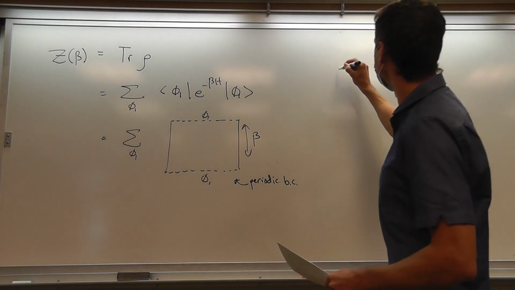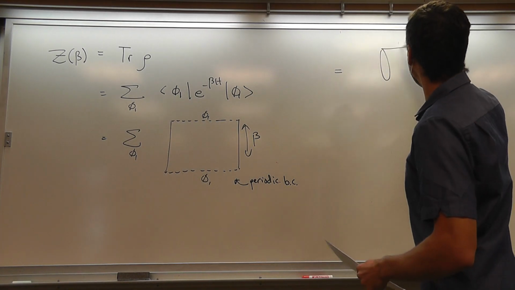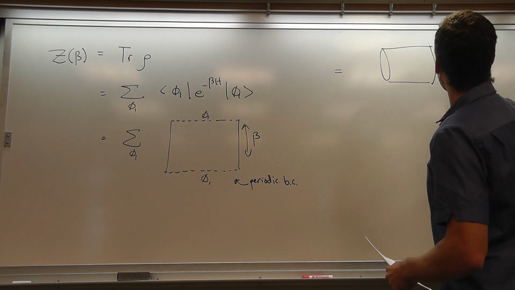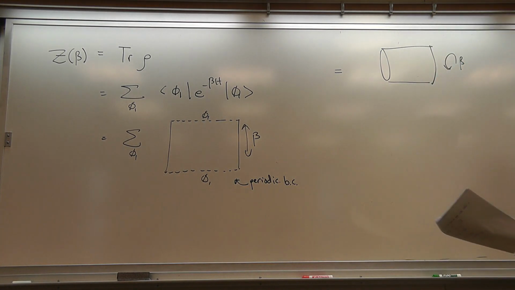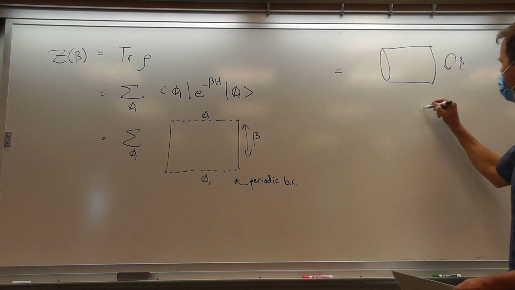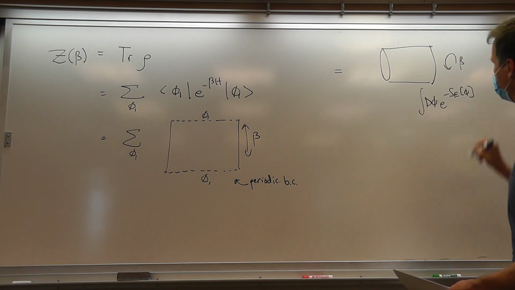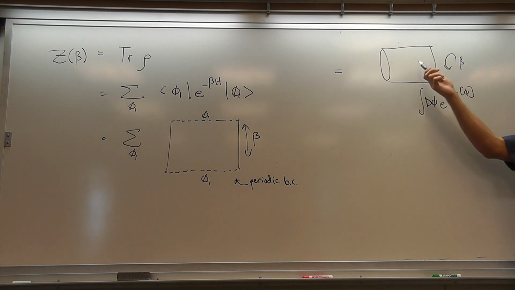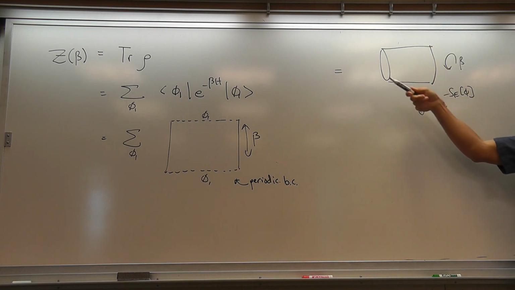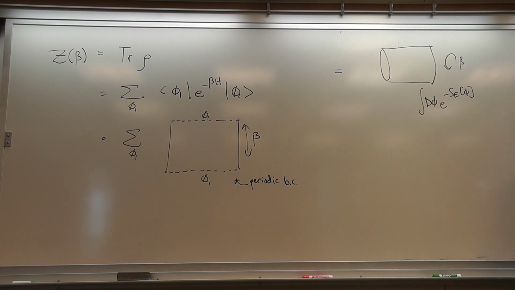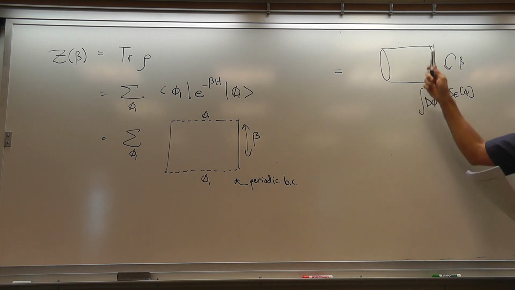We can rewrite this as just a path integral on the cylinder of size beta. What does this picture mean? This picture just means we do the usual Euclidean path integral d phi e to the minus S_E of phi, where now the phi fields live on this cylinder and therefore are periodic under shifting by beta in that direction.